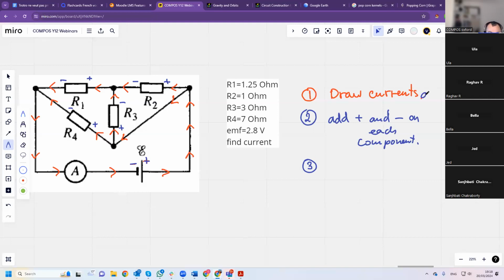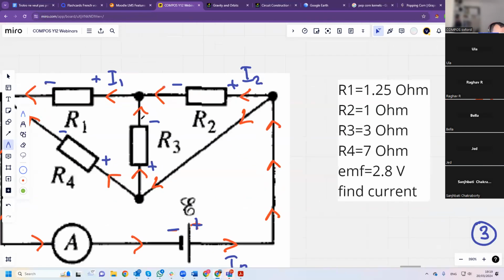Draw currents and label them. I'm going to call this I0, and this I2. I'm going to call this I1 because it's R1, I1. Makes perfect sense.